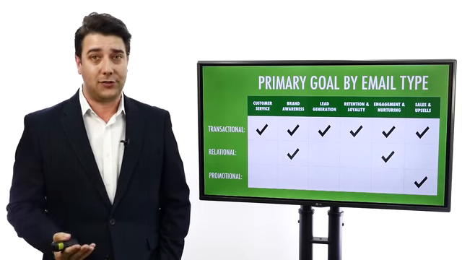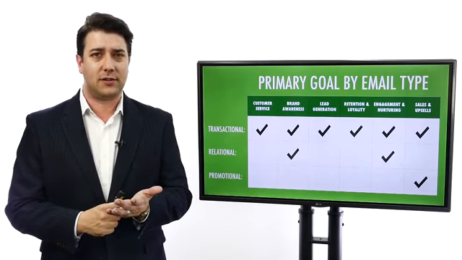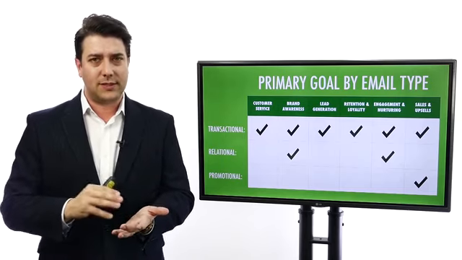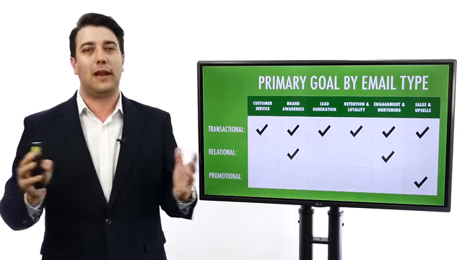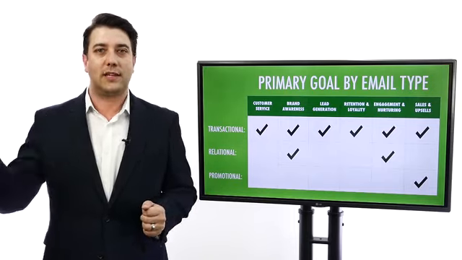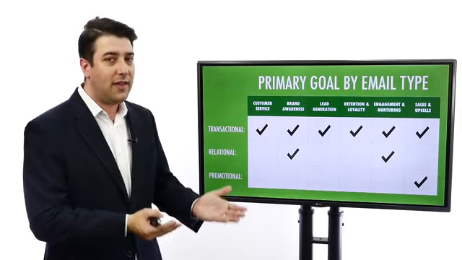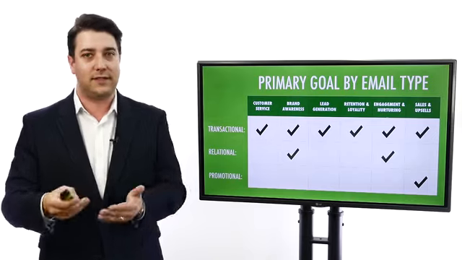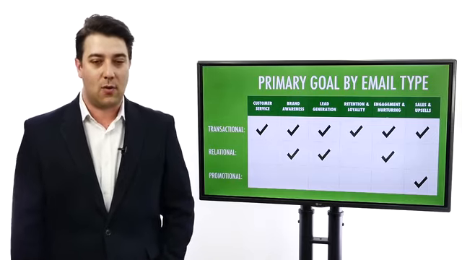So if you're doing a great job, if you're not only sending out consistent relational emails to your list, but they're of real value and something that your subscribers are actually interested in, this is a great way to expand your brand awareness through micro pockets of authority and influence that your subscribers have with their followers, right? With their friends and family. So relational emails are great at increasing brand awareness.